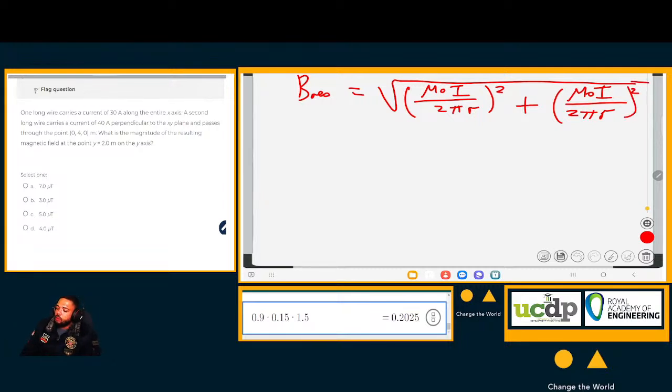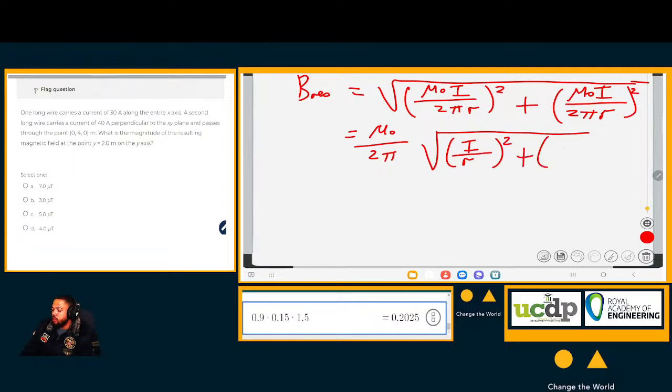We could have just started with this formula instead of doing it one by one. Now we can take out the constants, mu naught over 2 pi, square them and then find the square root. What we're left with inside is I over r squared plus the second term.